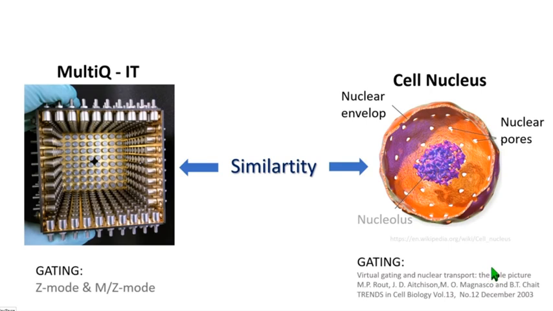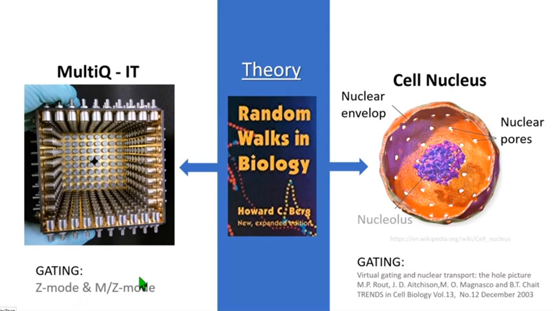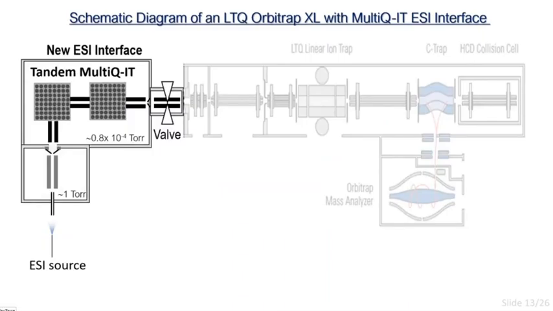In the case of the MultiQ ion trap, the gating is electrical in nature and manifests itself in a Z mode or MOZ mode. Interestingly, elements of the theory can be found in the book Random Walks in Biology by Howard Berg. What's even more important is that we can find some formulas there that can easily be checked experimentally, and that's what we're going to do. Let me show the results.